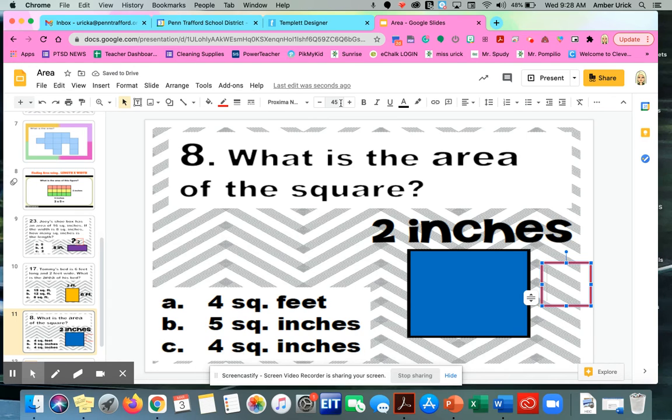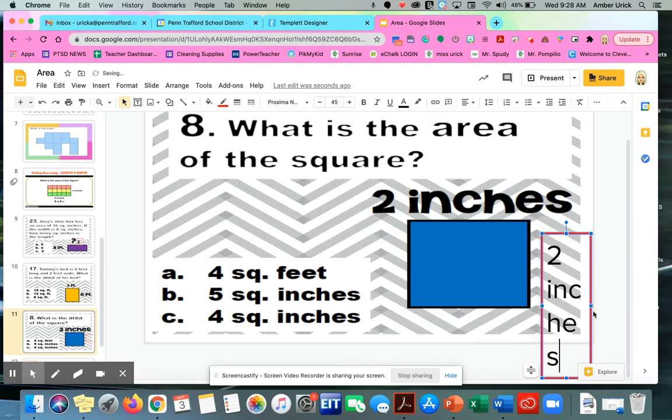What do we know about a square? All sides are the same. We have beautiful, perfect squares. If all sides are the same, what should I know about my length and my width? They should be the same, right? So if my width is 2 inches, my length should be 2 inches, right? I made it too fat, didn't I?